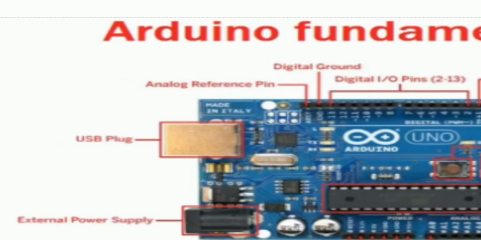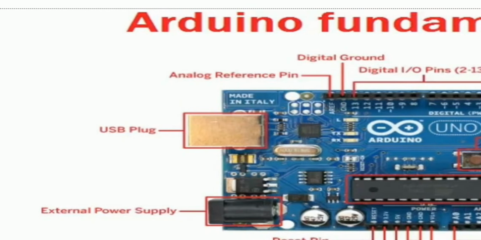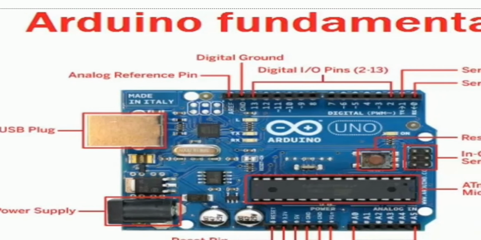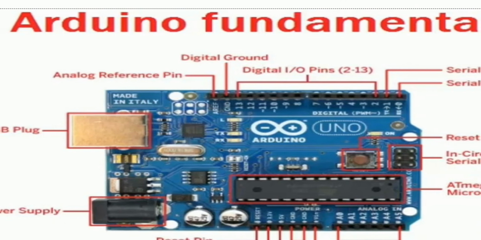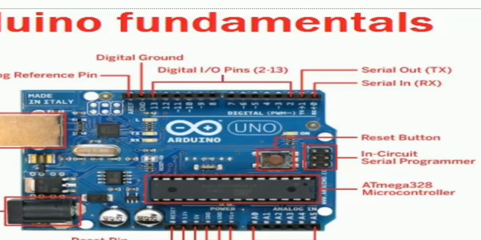Let's talk about this USB plug. By using this plug, we can upload our program from the system to our Arduino. This is an external power supply. If I want to give more power, I can use this pin to get more power supply. The Arduino reference pin is used to control the Arduino pins. A digital ground: if I want to give a ground, I use that digital ground.